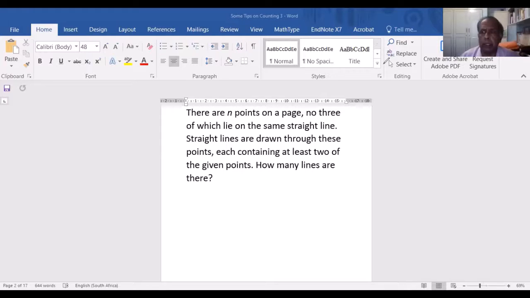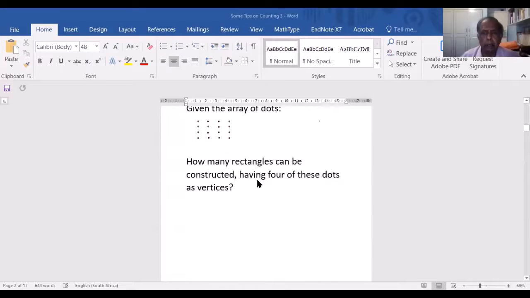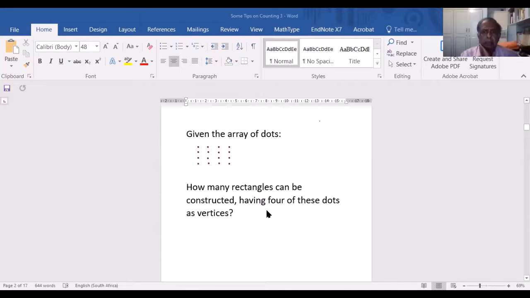The next problem is: given an array of dots like this. Actually, there are 4 times 4, 16 dots. Given an array of dots, 16 dots, and they all seem to be arranged quite nicely in a grid.